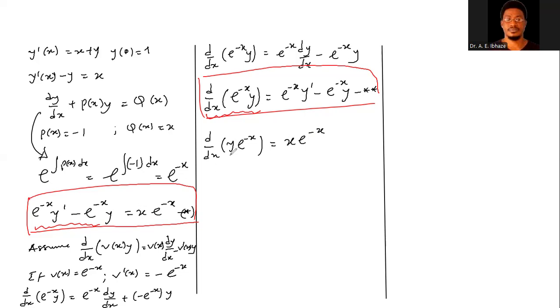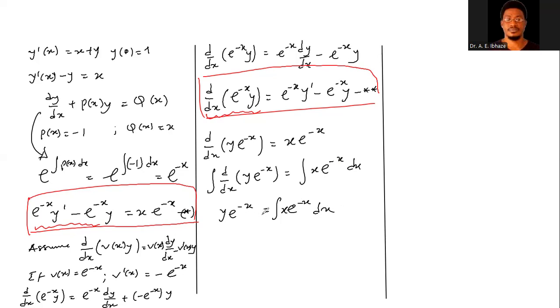And from this expression, if we integrate both sides, then we are going to get the integral of d dx of y e to the minus x being the same as the integral of x e to the minus x. So that y e to the minus x is the same as the integral of x e to the minus x dx.